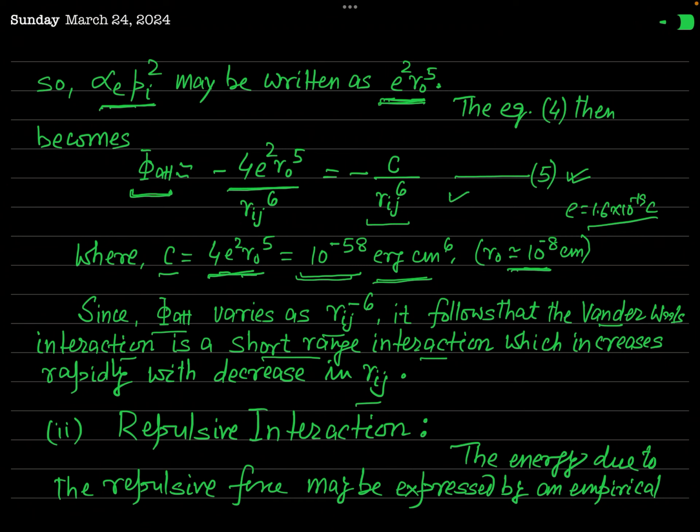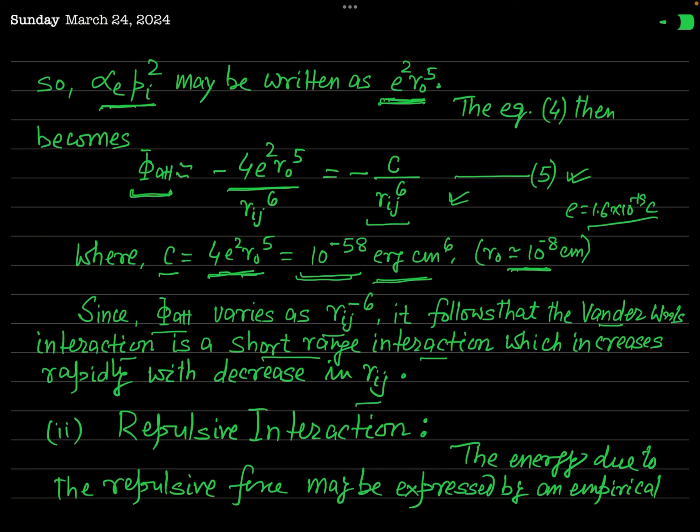That interaction energy is defined in this equation 5. Okay? Now we will see the other interaction which takes place between the two atoms of a molecular crystal. As you have seen in case of ionic crystals, the repulsive interaction comes into play for very short distances between the atoms.